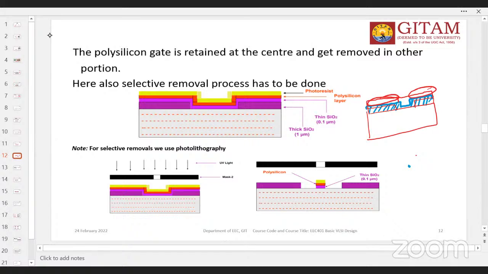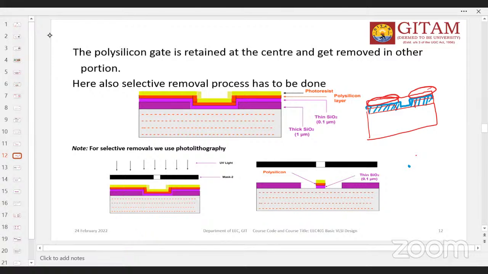That can be removed by using the etching process again. The etching process is used for two purposes. One is for removal of the photoresist material. The second one is polysilicon. So we can remove that portion.